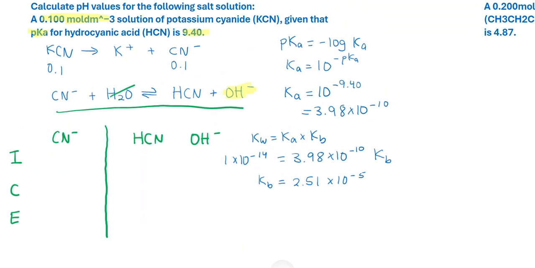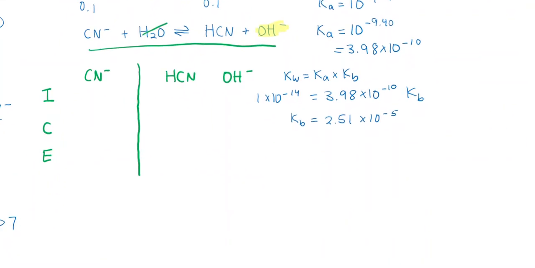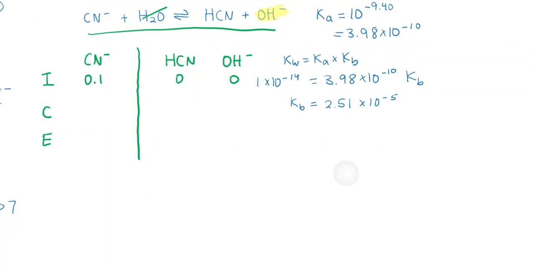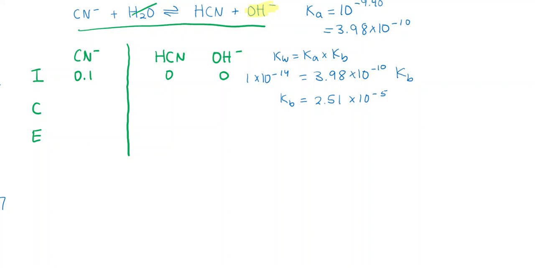So CN, as they told us in the question, is 0.1. And then the products are going to be 0 at the start. Our change, we don't know what the change will be, so we're going to just say minus x. And then because these are all equimolar, they're all going to be added by the same amount of x. And then E stands for equilibrium.